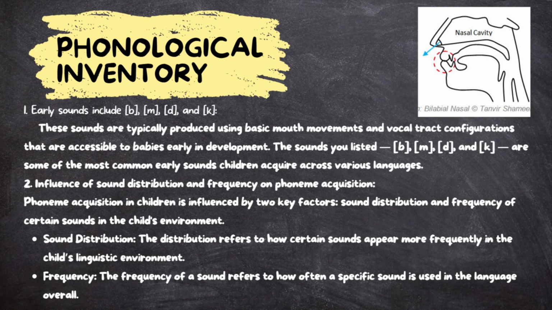For example, if a language has many words that begin with the sound b or d, the child will likely be exposed to these sounds more frequently and will acquire them earlier than sounds that are rare or occur less often in the language.